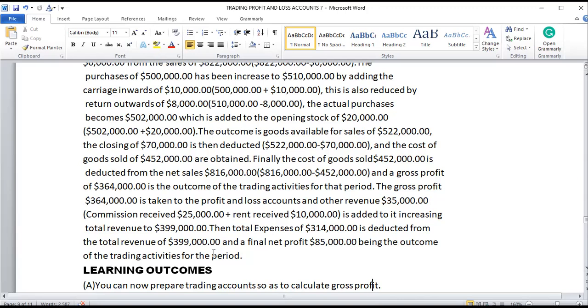So if they employ you and you can't prepare trading profit and loss accounts, including the balance sheet, which later on I will also do a video on, then no organization will employ you. You have your certificate, but you can't get a job. So go over this particular video several times so that you master the subject and find it very easy to prepare the trading profit and loss account.